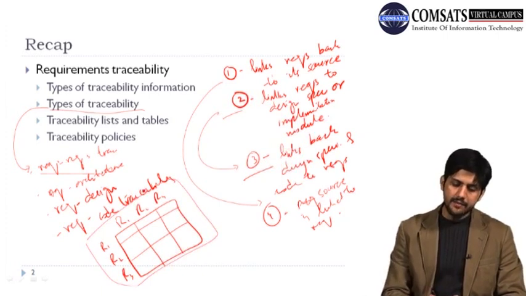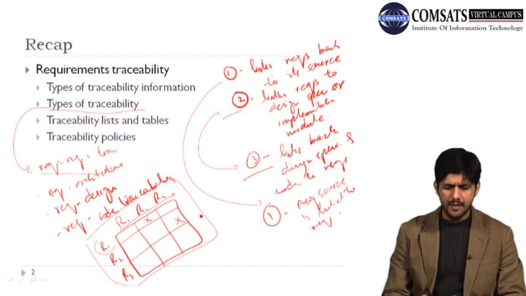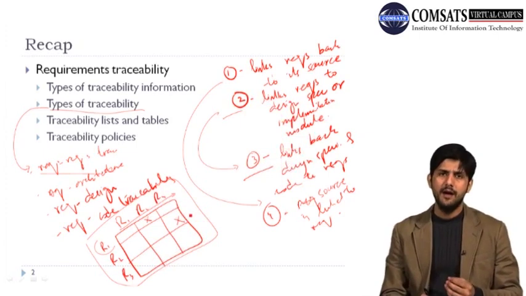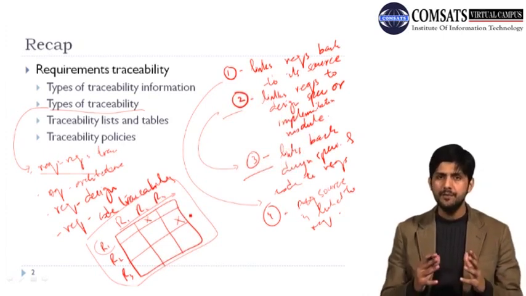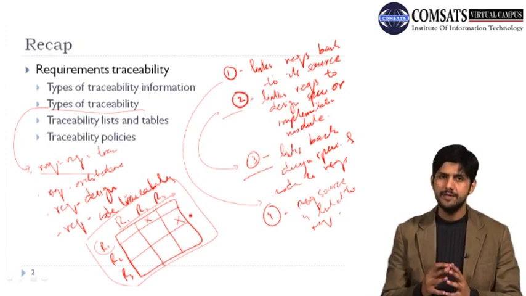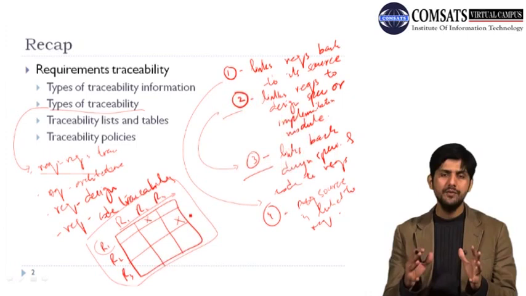Let's say here that these columns identify the requirements which depend on the requirements mentioned in the rows. For example, R2 depends on R1, so we'll put a mark here, and R3 depends on R2, and there is no requirement which depends on R3. So this is the dependency information that I can store in this table. But imagine that the number of requirements grew to maybe 1,000 or 500 requirements or more. Then this table would become very huge.